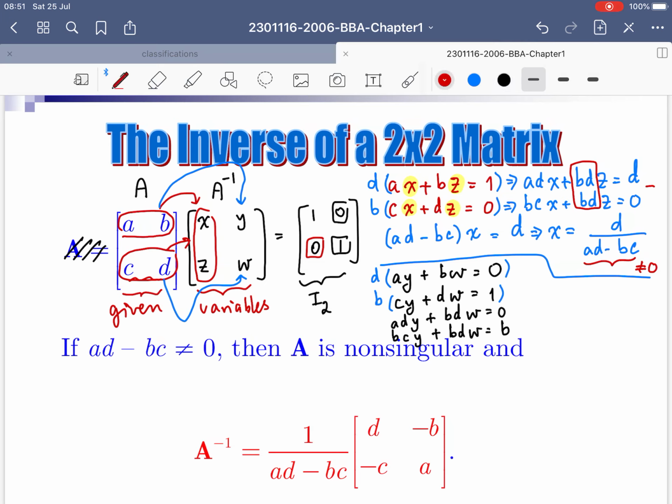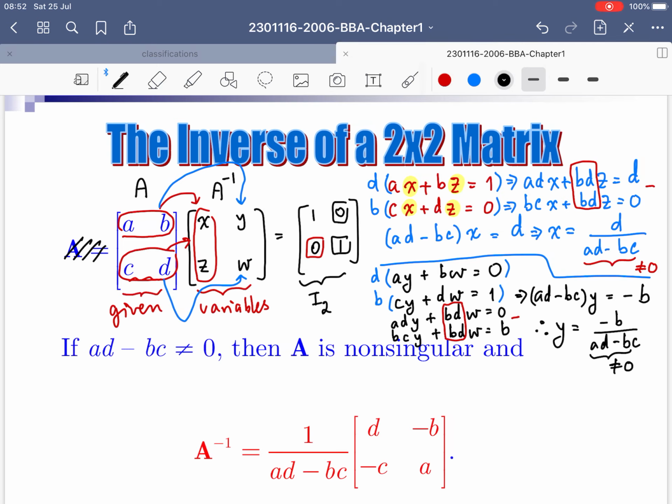Here they have the same coefficient of W, so we do a subtraction again. So we are going to have AD minus BC with a Y equals to negative B. So your Y is minus B over AD minus BC. Again, your bottom must not be 0.